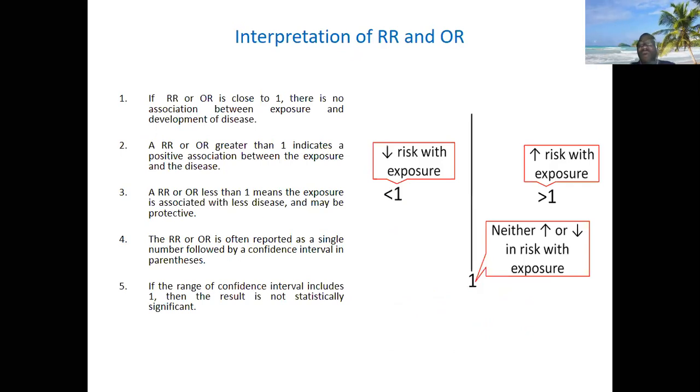Now, before we talk about that, let's first look at the way the result comes out. What you have just done now is to compare risk between two groups, or compare odds between two groups.